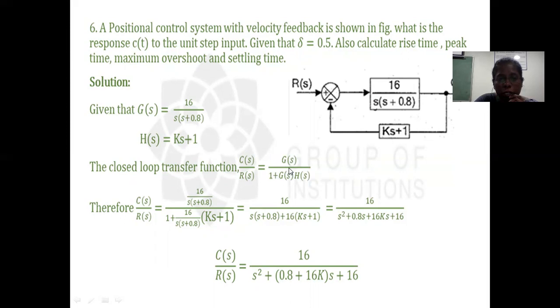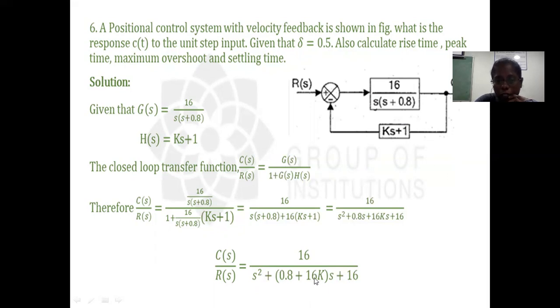Substituting G of S and H of S and simplifying, we get the closed loop transfer function as 16 by S square plus 0.8S plus 16 Ks plus 16, for the given system.